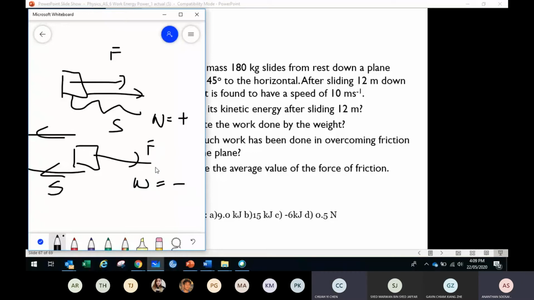Now in this inclined surface, the object is moving from up, going down. The component of the weight acts down, and the displacement is down. So the force and displacement are in the same direction. So it should be positive, it cannot be negative. Thank you, sir.